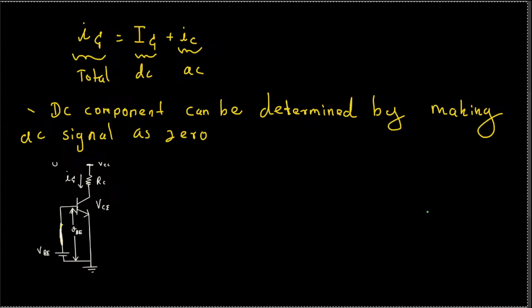And this total voltage is unnecessary because the only thing we are going to have is the DC component, and this current will become DC current, that is capital I capital C. And also, if you are interested in the current through the base, that is IB, capital I capital B. Okay, and the others are almost the same. That's the difference.